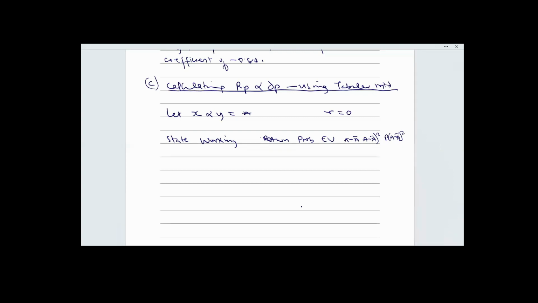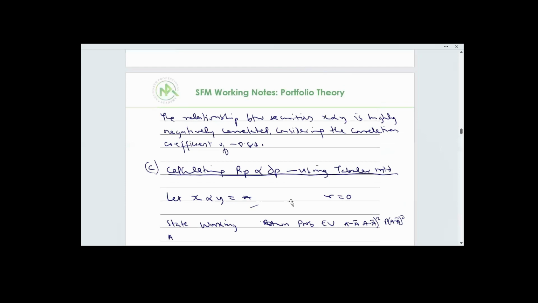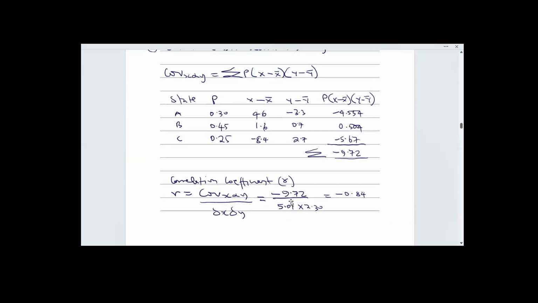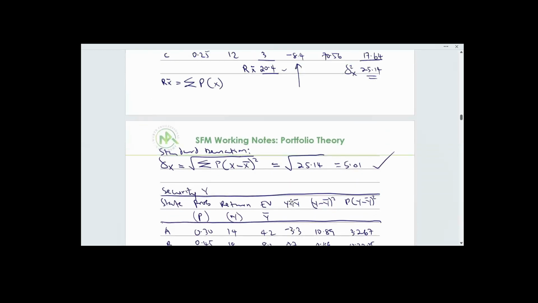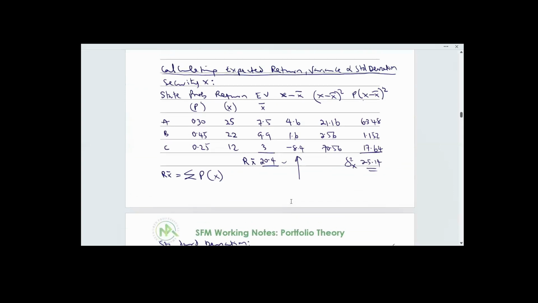All right, let's take it one by one. State A. When you want to calculate your return, remember you want to combine X and Y. That's why you said let X equal to A. So you want to combine the return of security X and Y. Under state A, the return of security X is equal to 25.